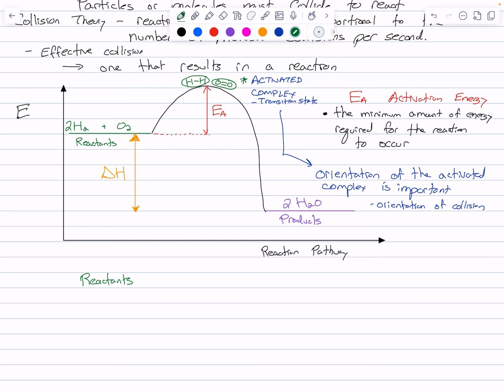So for the reactants, when we have hydrogen, oxygen, or propane or whatever, the concentration will decrease.